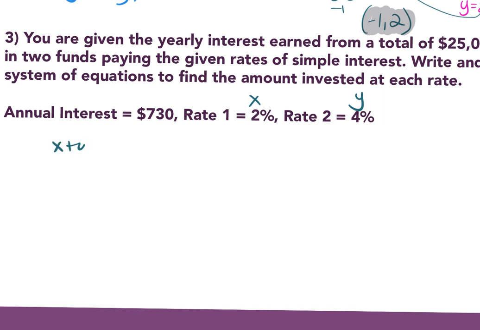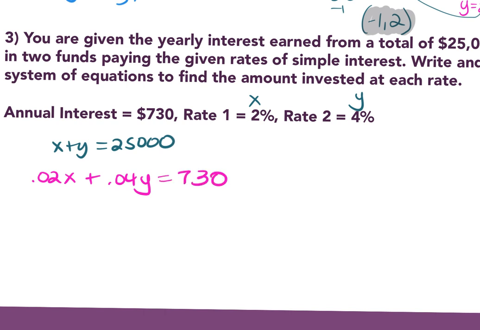So x plus y is $25,000. And then I need to give it its rate. So 2% is really what in decimal form? 0.02. So 0.02 times x amount plus 4% is really what rate? 0.04. Good. And that equals the interest earned, which is the $730.